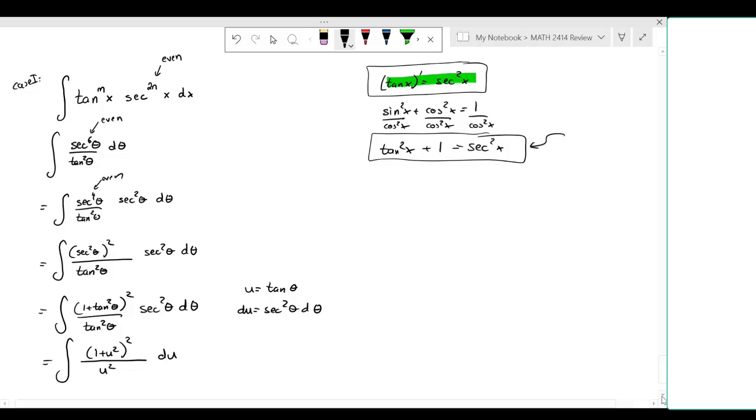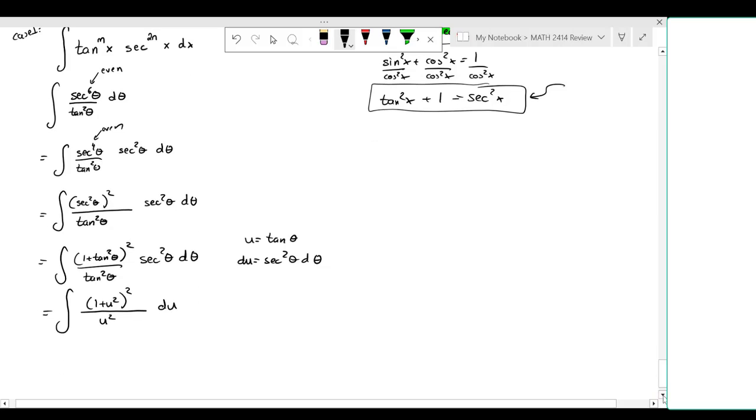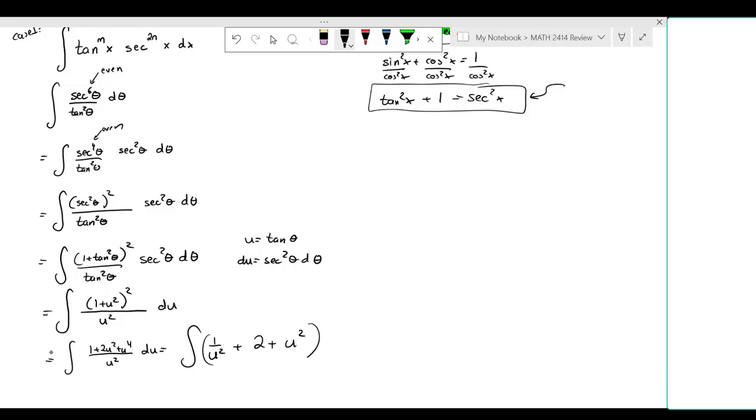And you just get a rational function there. And I guess we can just multiply the business out and divide by that single term, u squared in the denominator. And we know how to anti-differentiate each one of these.